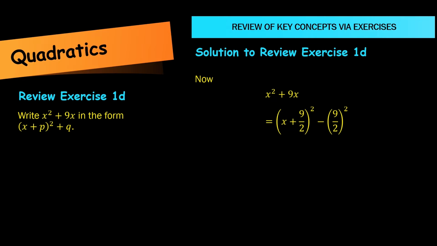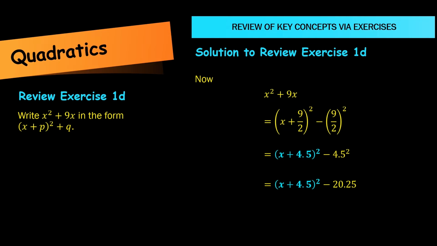Again, we've used the completing the square method. This equals (x + 4.5)² − 4.5². Which equals (x + 4.5)² − 20.25.